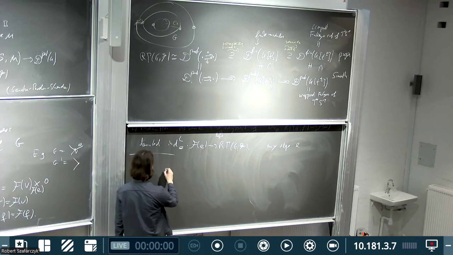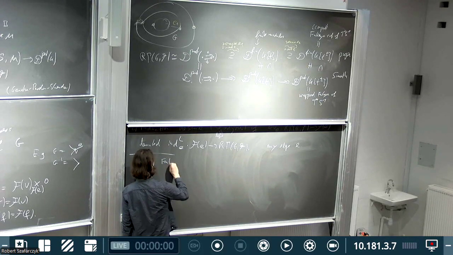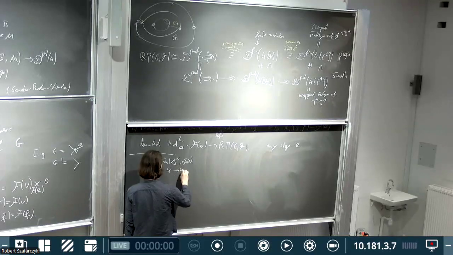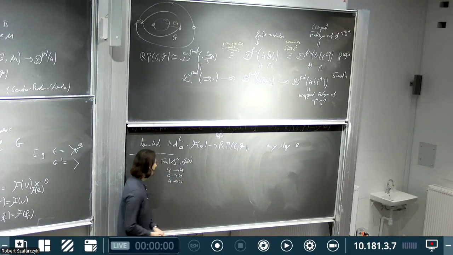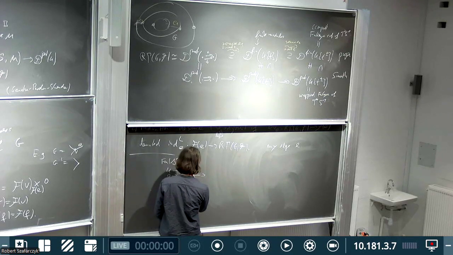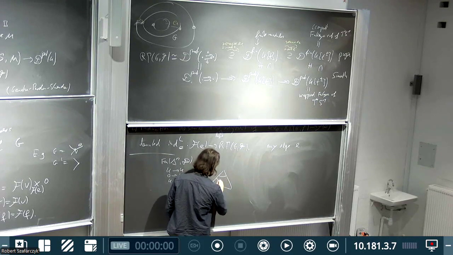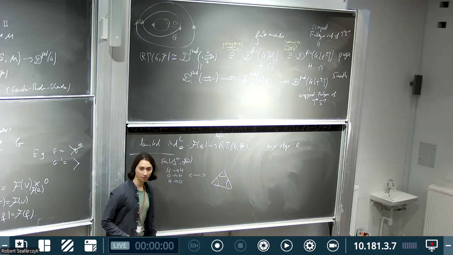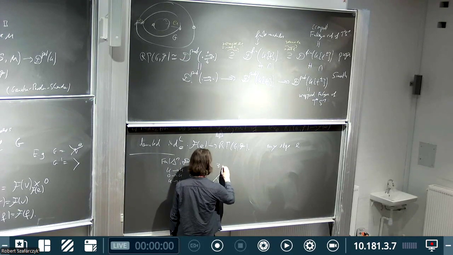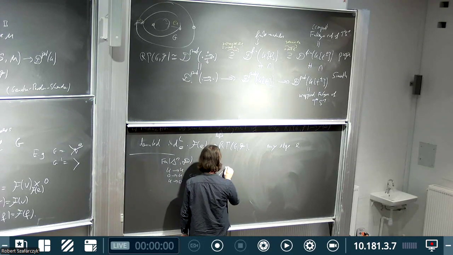So if we look at functors from delta 1 to B, which contains the objects K goes to K, 0 goes to K, and K goes to 0, we use these three objects to match with the three arcs in the triangle, the three segments as well.